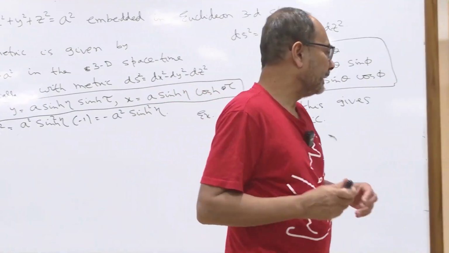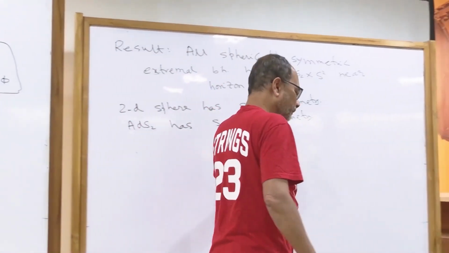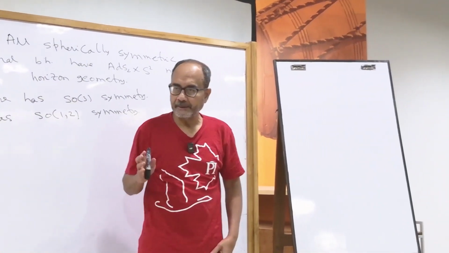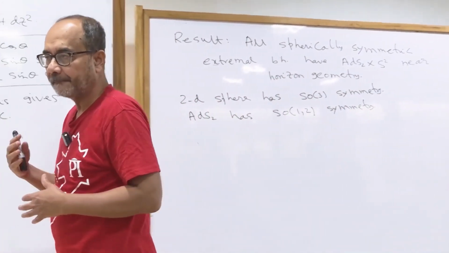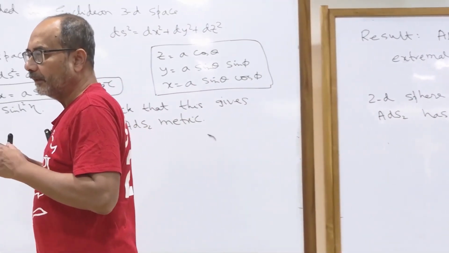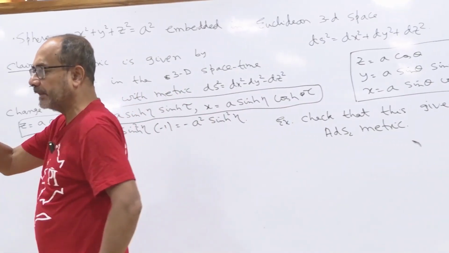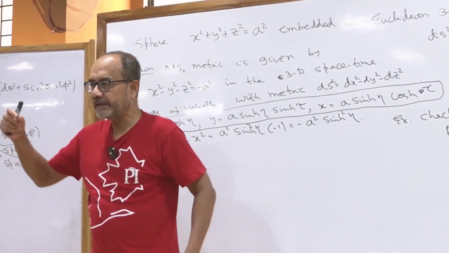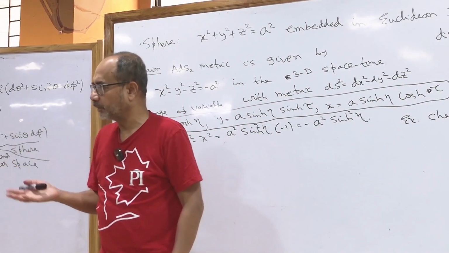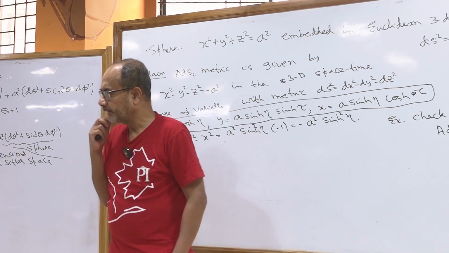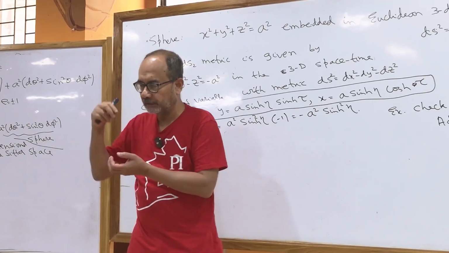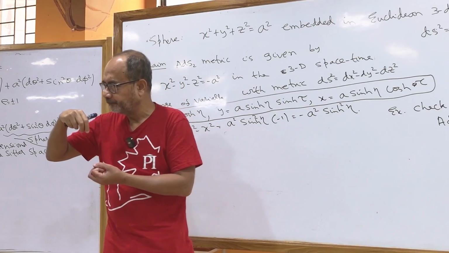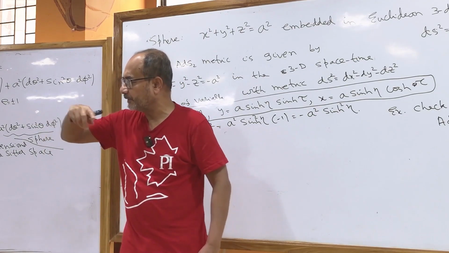Now, the SO(3) symmetry on the sphere has a consequence, and the consequence is that the sphere is homogeneous. What do you mean by homogeneous? That any point on the sphere can be reached from any other point by a symmetry transformation. You can probably visualize it, right? If you just had SO(2) rotation, along just a single axis, then you cannot connect all the points of the sphere by symmetry.